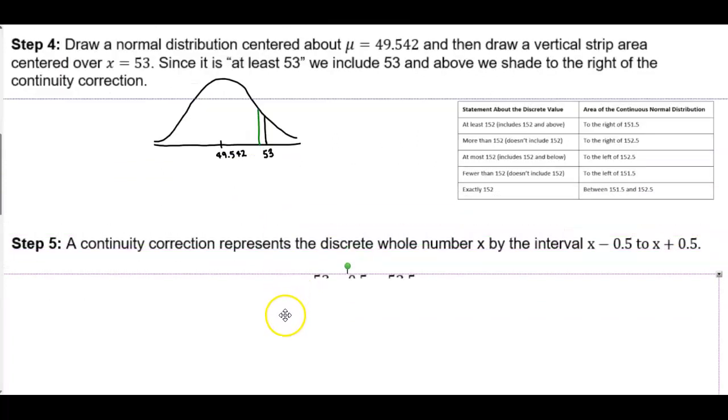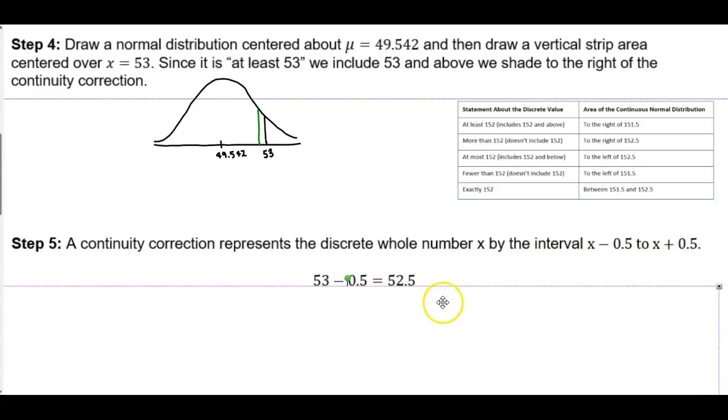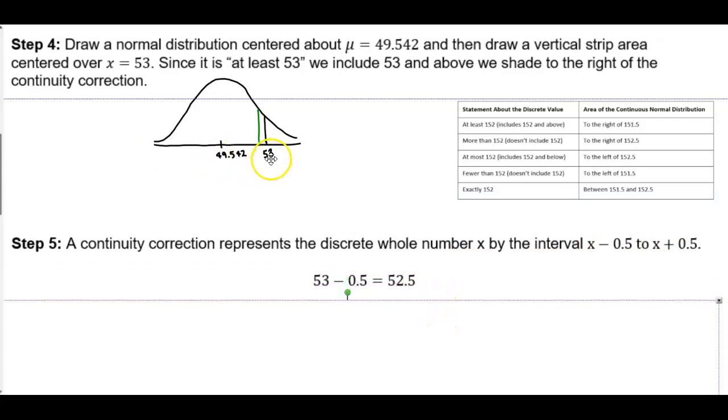So the continuity correction again represents a discrete whole number x by the interval of x minus 0.5 to x plus 0.5. So to make sure we include 53, we're going to take 53 and subtract 0.5, and therefore that's going to give us 52.5.